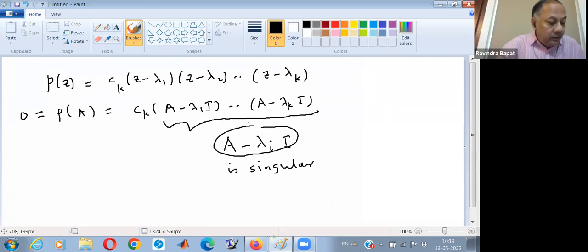Okay, then some facts about multiplicity and so on. The eigenvalues, as you know, may not be distinct.